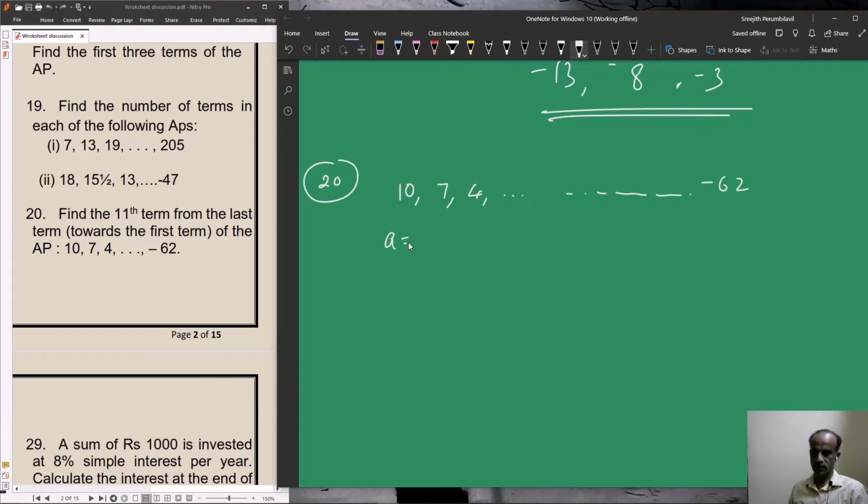This is an AP with first term 10. Common difference is equal to 7 minus 10, that is equal to minus 3. Find the 11th term from the last term of the AP. There are 2 methods for doing this question.